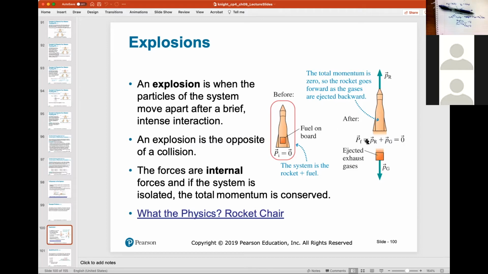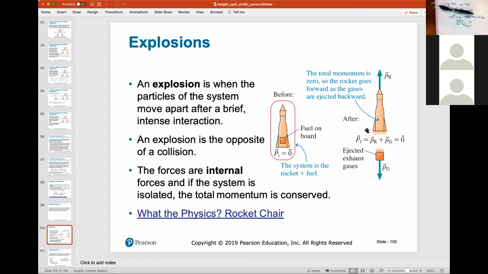Okay, so this is how a rocket works. Basically, if you're on a rocket, if I have to do it. All right, so if I'm on this part, and I am standing here, and I jump off, then I moved a little bit this way, and it pushed me back that way.